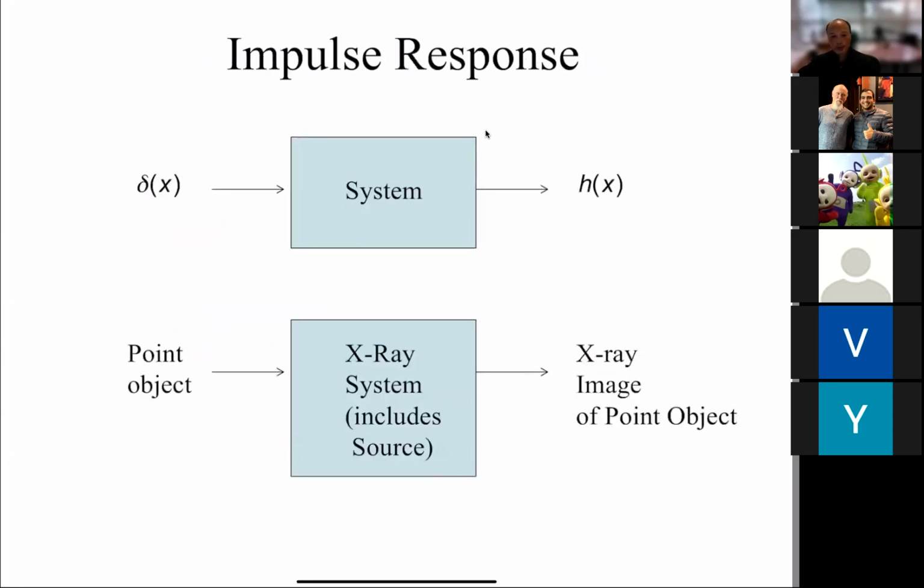Okay, so impulse response. We're going to have our Dirac delta function, delta of x. We're going to imagine it's the input to our system, and we're going to call our impulse response h of x. For example, if this is a point object, the system could be an X-ray system, and the X-ray image of that point object would be our impulse response.